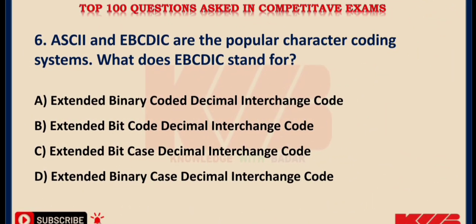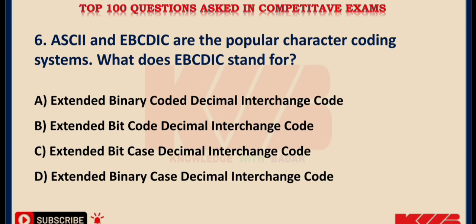The next question. ASCII and EBCDIC are the popular character coding systems. What does EBCDIC stand for? Extended Binary Coded Decimal Interchange Code, Extended Bit Code Decimal Interchange Code, Extended Bit Case Decimal Interchange Code, and the last one, Extended Binary Case Decimal Interchange Code.